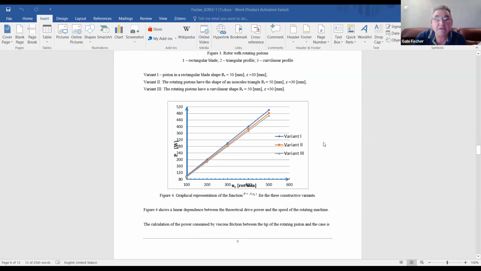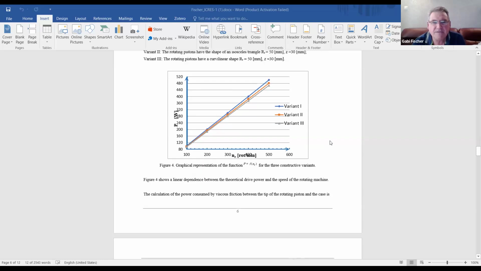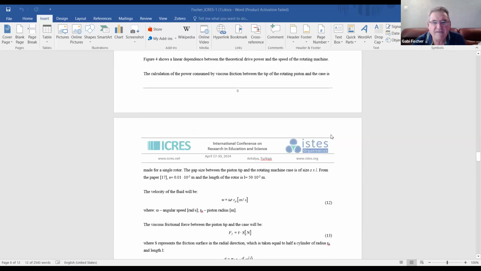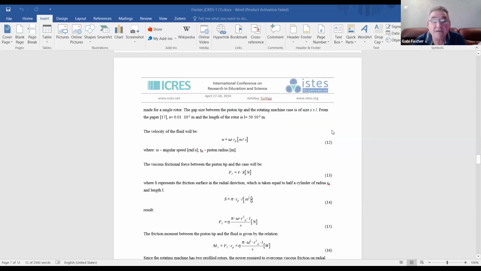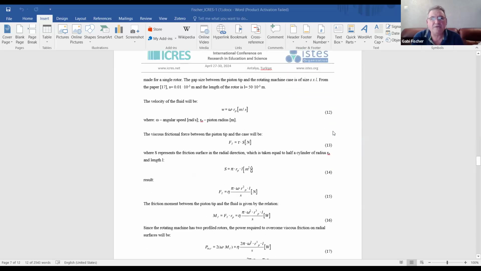Here we have a graphical representation of the function. Also, we show the velocity of the fluid and the friction between the pistons.